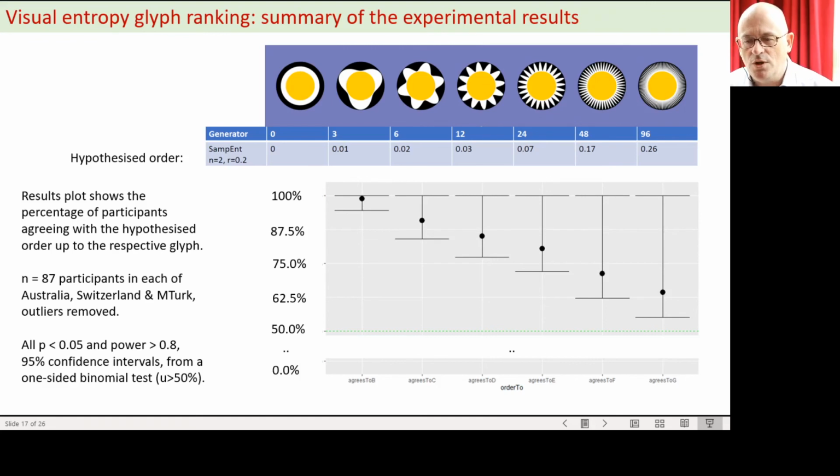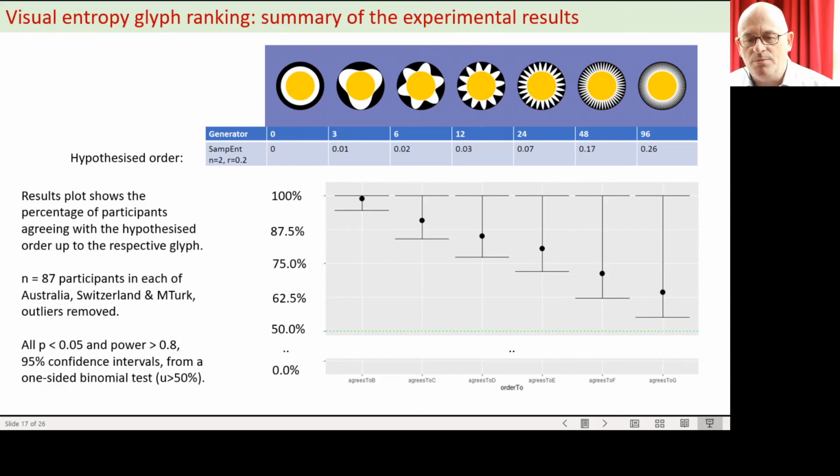At the top you can see the glyphs, and you can see the hypothesized order of these glyphs. This was calculated using a technique called sample entropy, which is used for calculating the complexity of a heartbeat signal. So it calculates the signal complexity using entropy.